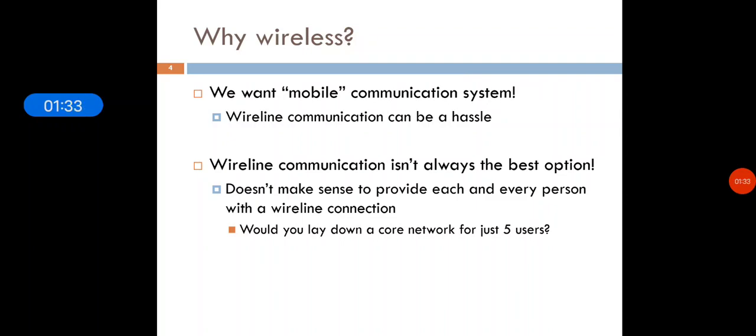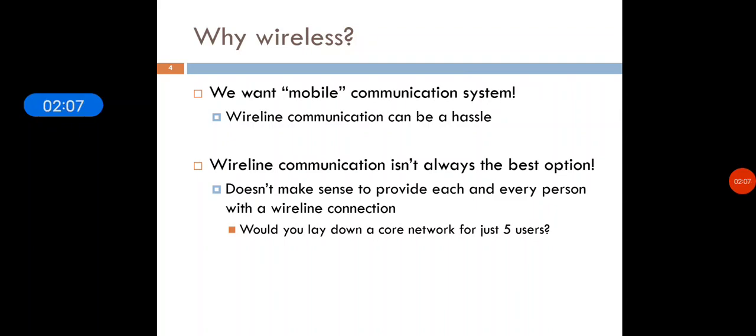Wireline communication can be a hassle. We want our communication to be mobile, meaning we are moving, nothing disturbs us, and we can communicate all the way. Wireline communication isn't always the best option. It doesn't make sense to provide each and every person with a wireline connection. Would you lay down a core network for just 5 users?